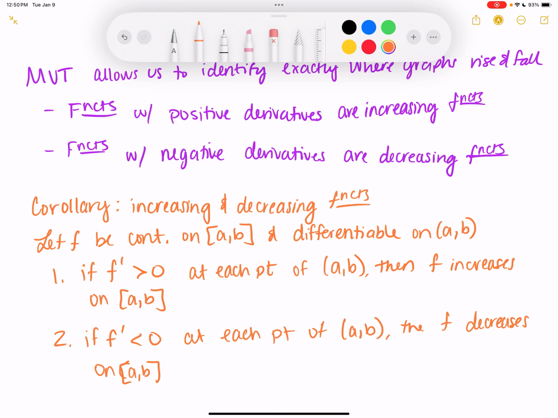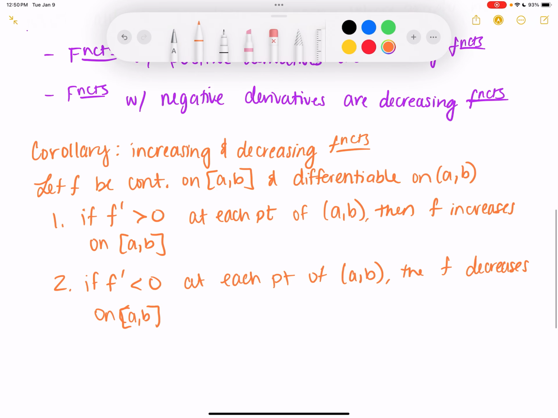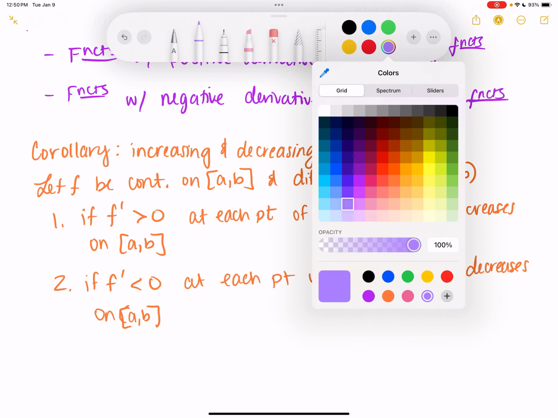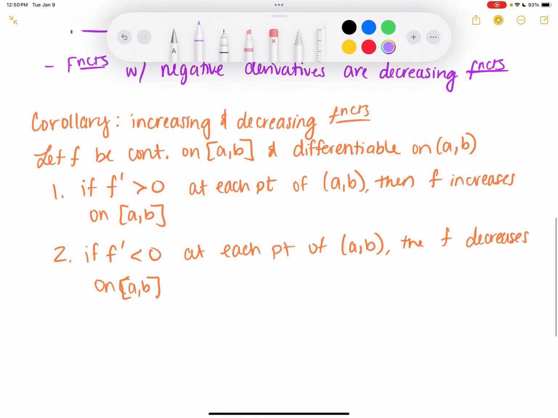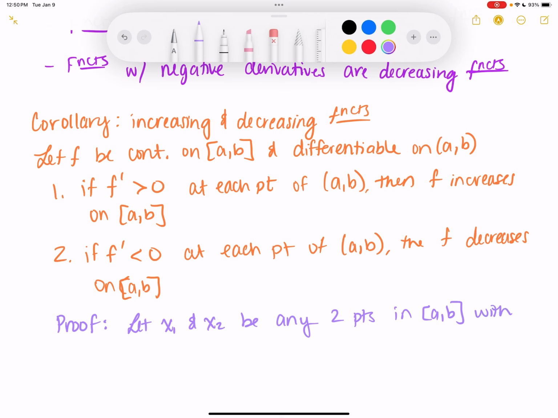So I'm actually going to prove this one for you, just for you to see it. So the proof, let x1 and x2 be any two points in the closed interval a to b, with x1 less than x2.